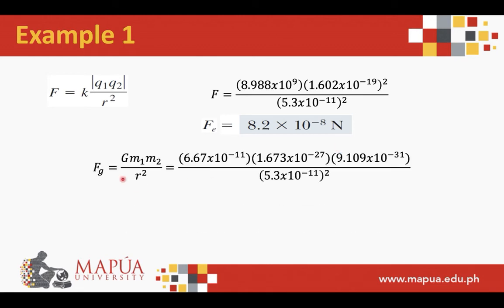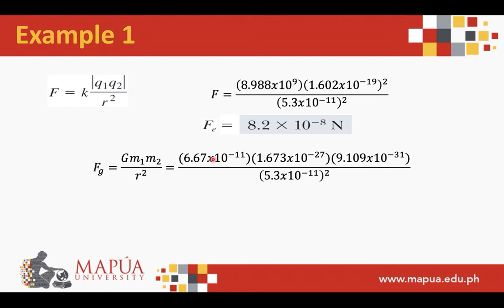And for the gravitational force between the two particles, proton and electron, the formula would be G times m1 m2 over r squared. m1 and m2 are the masses of the proton and electron.